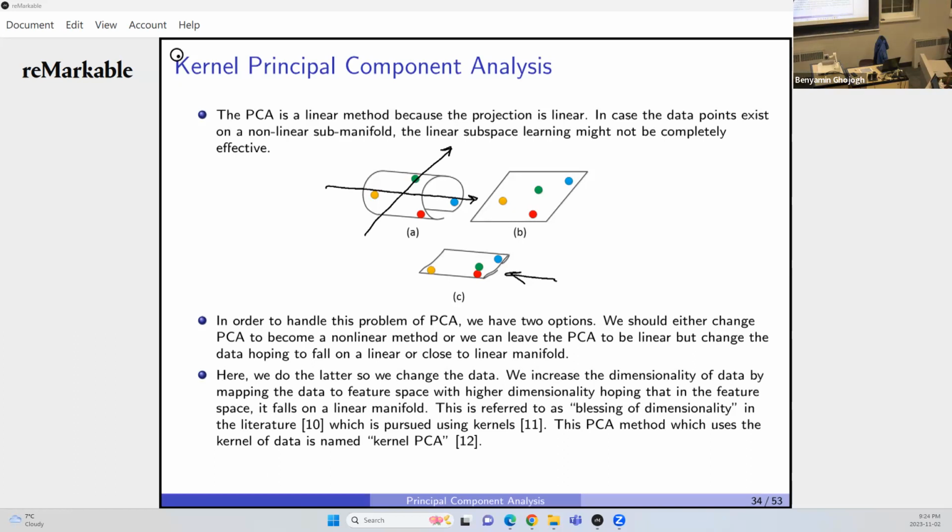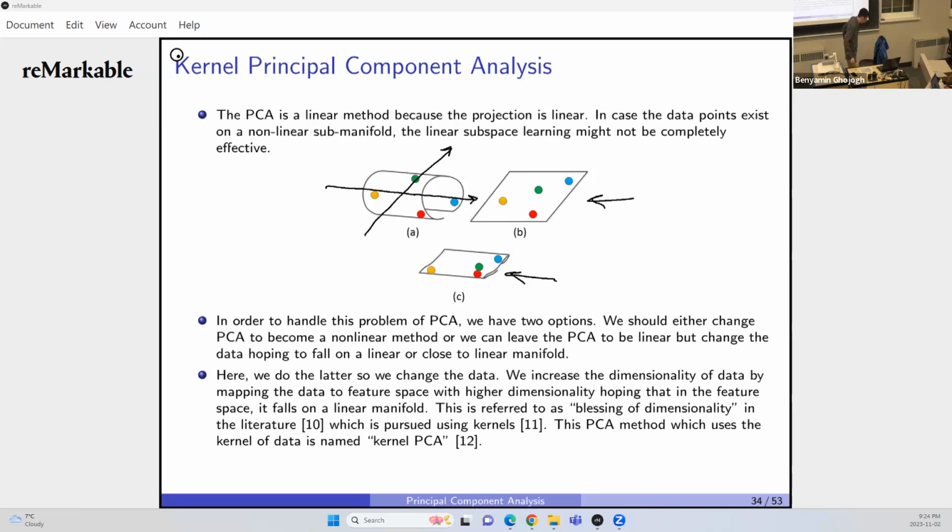So here, PCA fails clearly, right? But the correct way to reduce this dimensionality to 2 is to unfold this surface. And for this unfolding, as you see, it's a nonlinear operation, right? So let's make it nonlinear. The linear algorithm failed. Kernel PCA is a nonlinear thing, right?